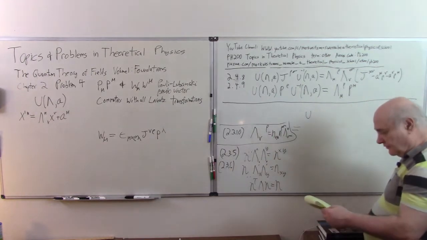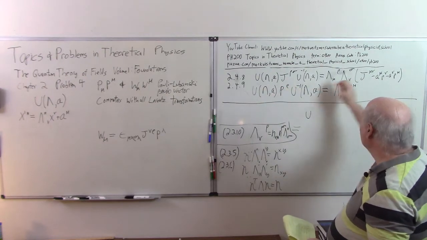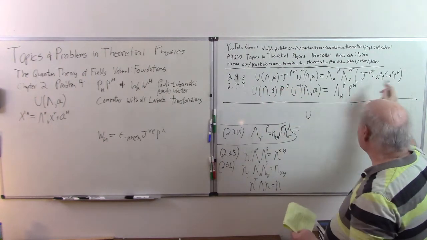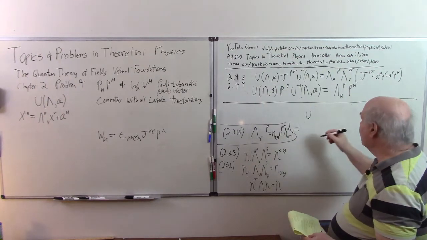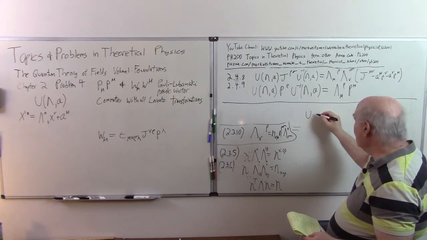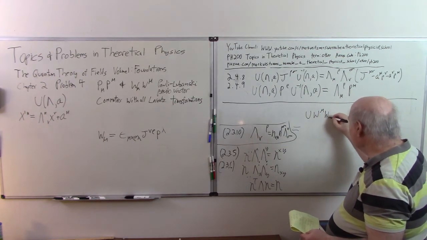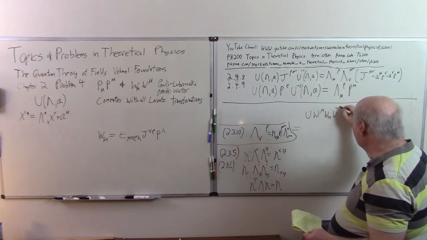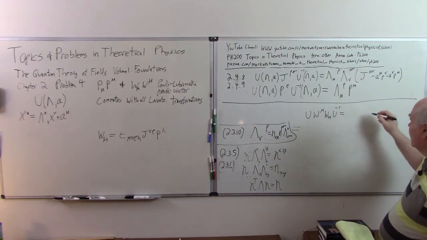So what we have to show, let's use this long line here: U W^mu U inverse. I'm going to leave out the lambda comma A. Then we're going to do that same thing with folding in identities.